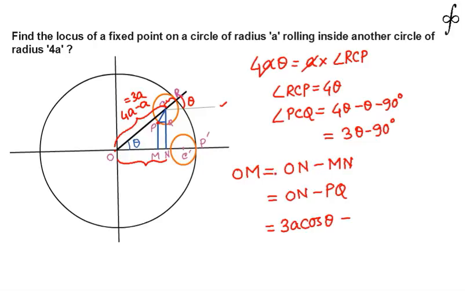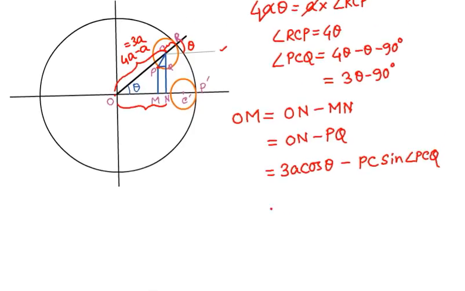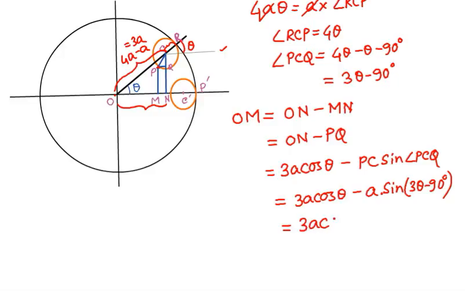The length PQ can be said to be PC sine of the angle PCQ, and the angle PCQ is 3 theta minus 90, so it will come out to be 3a cos theta minus the length PC, which is nothing but the radius of the smaller circle A, sine 3 theta minus 90, and which on calculation will give us 3a cos theta plus a cos 3 theta.